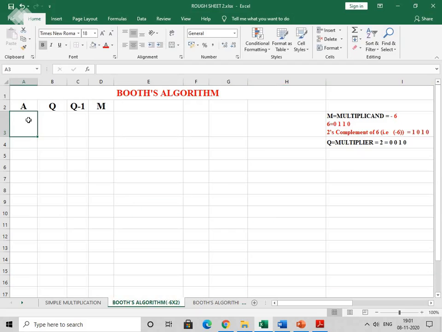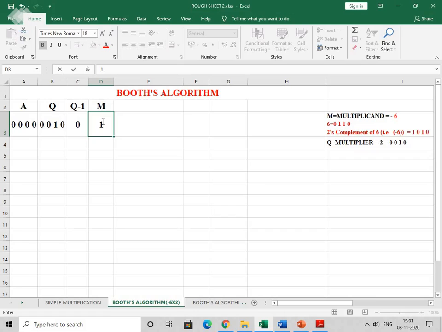So initialize this capital A register to four 0s, then Q as multiplier, that is 2, that is 0010. Q minus 1 initialized to 0, and your multiplicand will remain as it is, since we are going to use it only for the addition or subtraction.